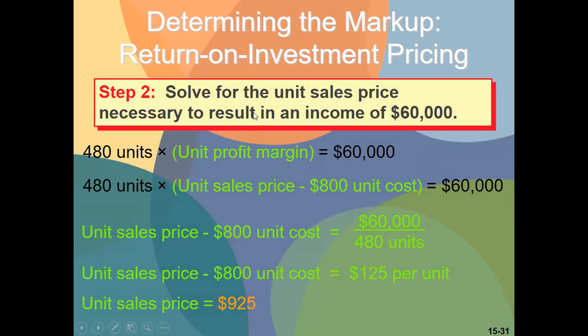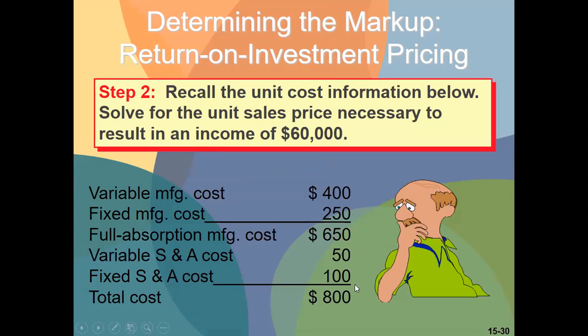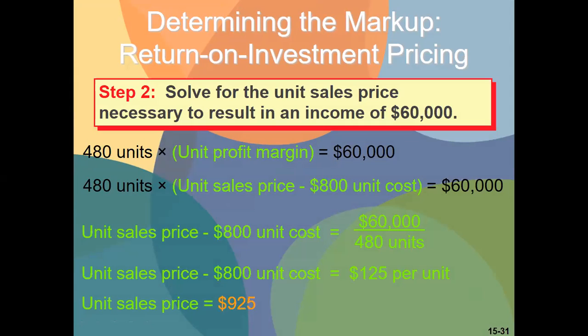To solve for the unit sales price necessary to result in an income of 60,000, that would be the amount of the profit plus the total cost. So that's 800 times the number of units, that is 480, and then 60,000 will also be added to that. How much that is, we have to use our calculators to get.